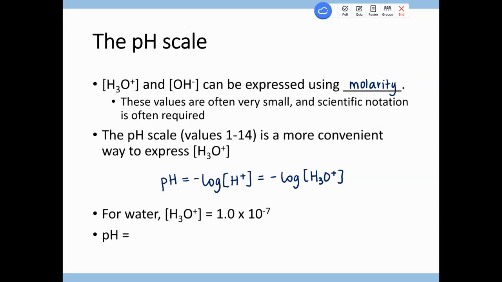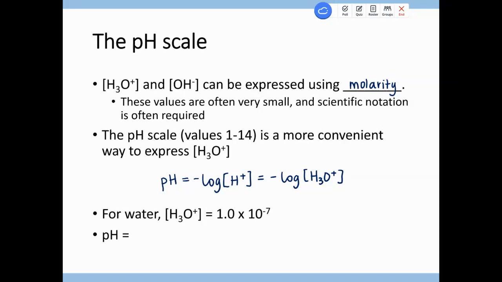So if you know the concentration of H3O plus, you take the log of that and then change the sign. Log is base 10. So if you take the log of this value, we have 1 times 10 to this exponent. The log, which is base 10, essentially removes the 10 here. And if you just took the log of this number, you'd get the value negative 7. But we take the negative log, which would make the value positive 7.